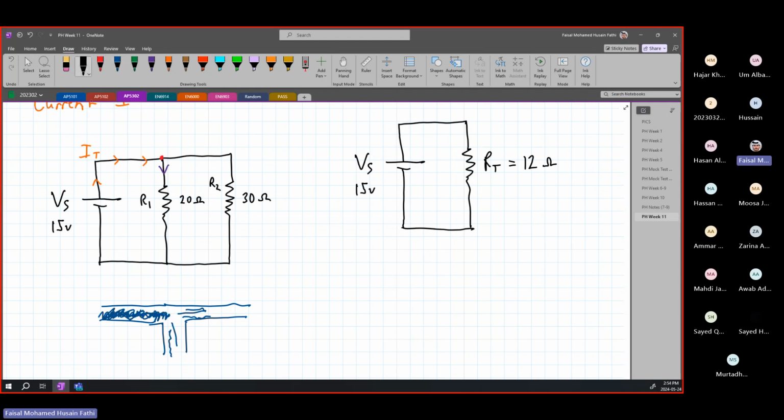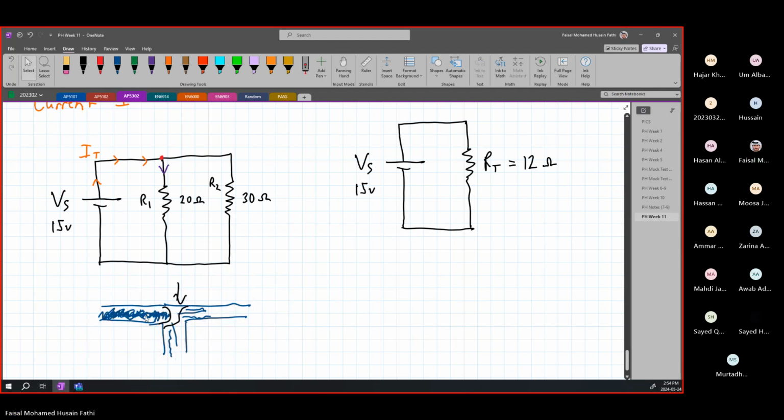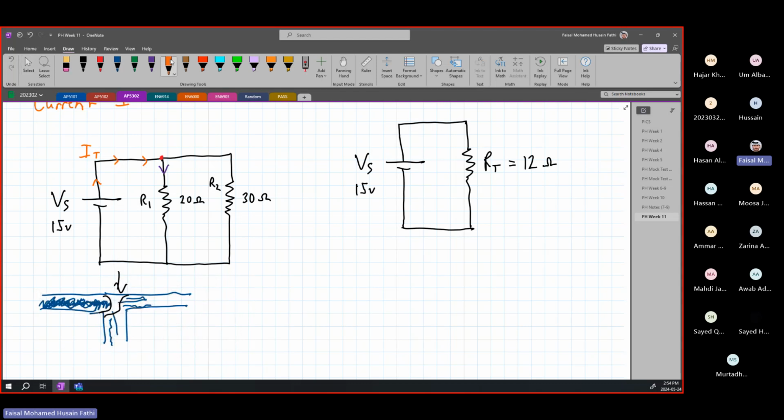But we know that at this point, the current here has to be equal to the total sum of the two currents over here, which we will talk about later. Actually, we talk about it later for KCL as well. But since I'm already explaining this point, might as well. So if we say that this is our total water, or in this case, we call this current total, this is our IT.